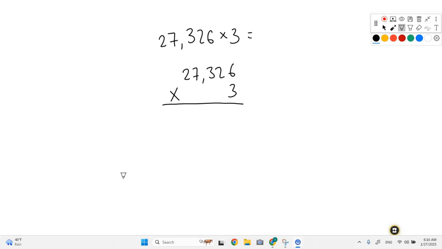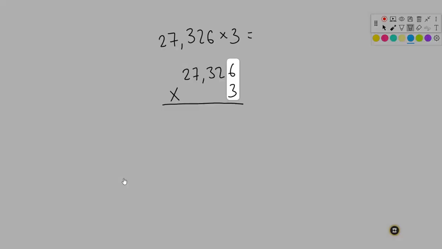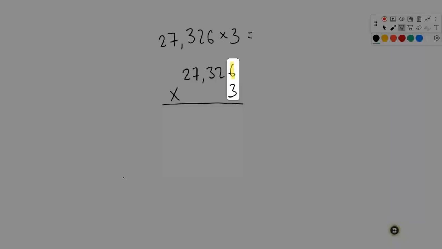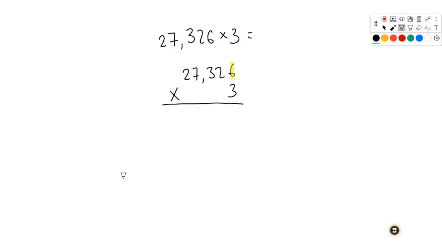Okay, so let's go ahead and get started again. We want to get started with our smallest place value. So go ahead on your whiteboard, you can go ahead and start. Start with 6 ones times 3. Okay, so I know 6 ones times 3 is 18, right? But then I'm not going to write 18 like this. No, I'm not, because I am now doing it the standard algorithm way.